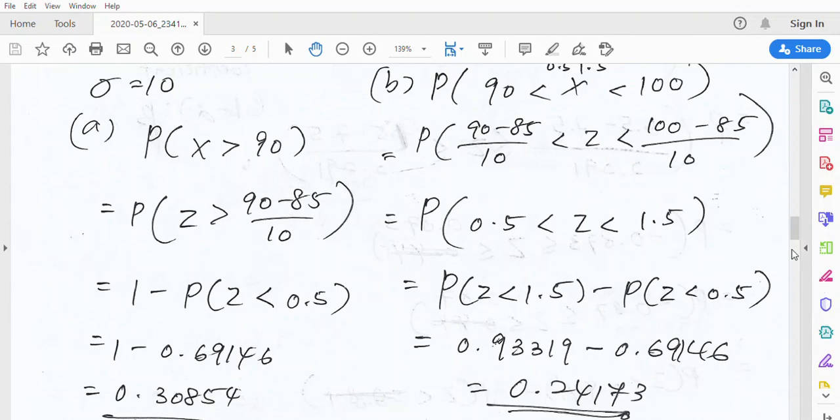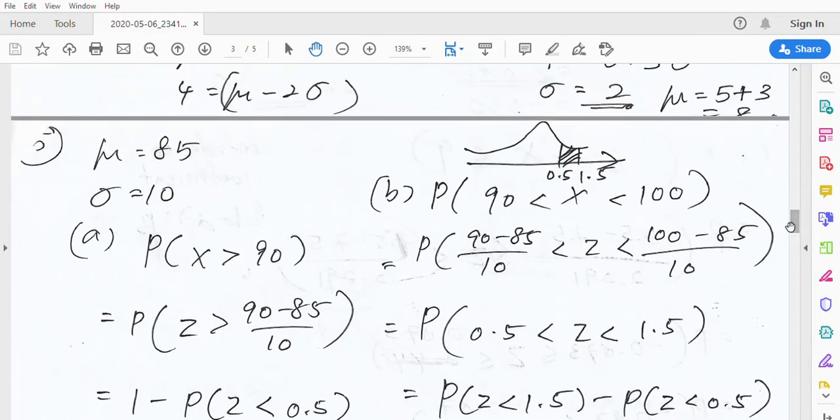Okay, then for B, what is the probability that has spent between 90 to 100 at the mall? Okay, so it's in between 90 and also 100. So we need to standardize it. We will get 0.5 to 1.5.